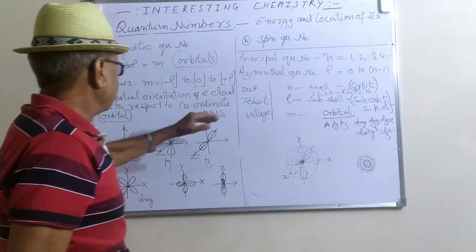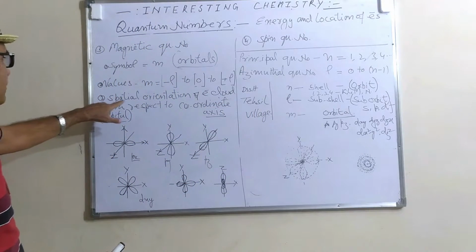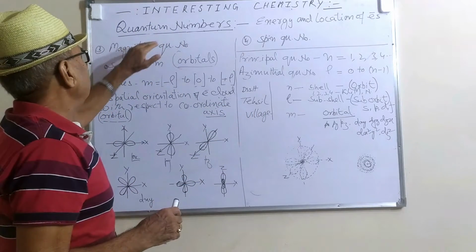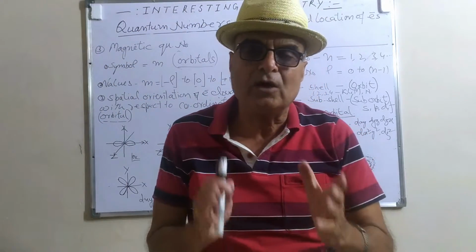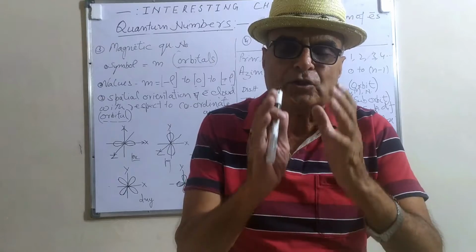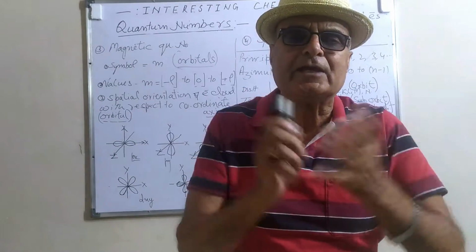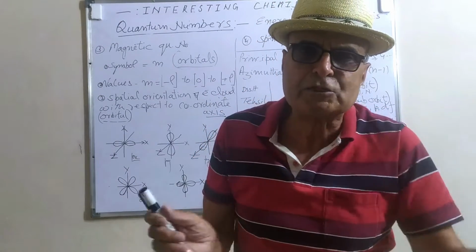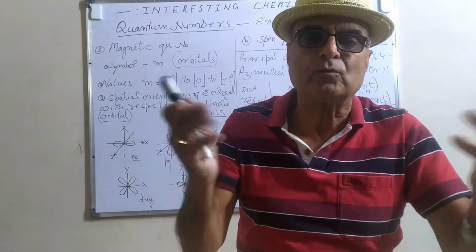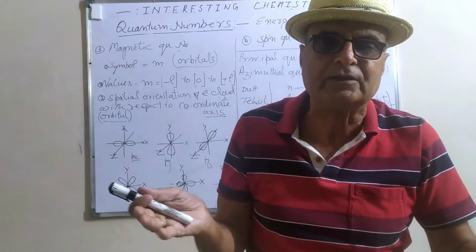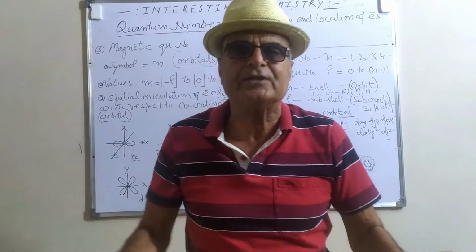The third point is the special one. The magnetic quantum number describes the orientation of the electron cloud with respect to a set of coordinate axes. As you know, there are 3 axes: x, y, z.